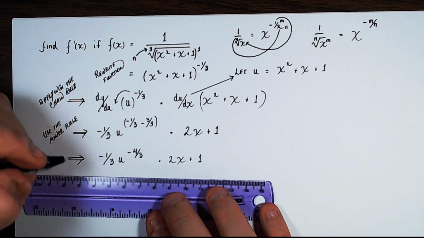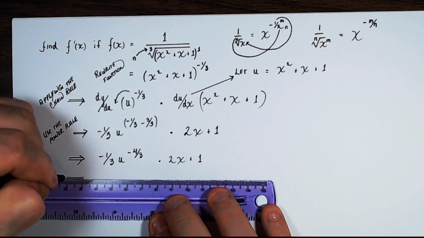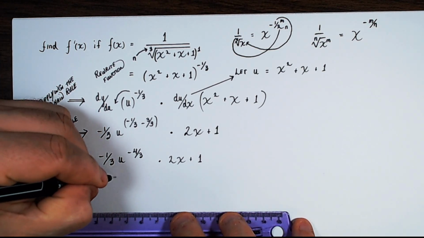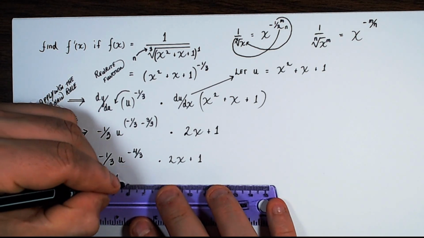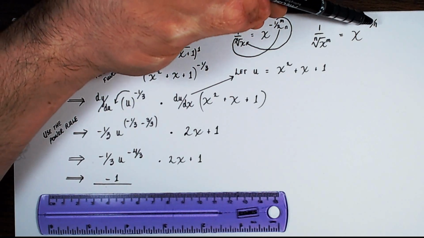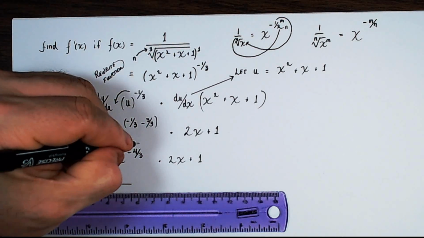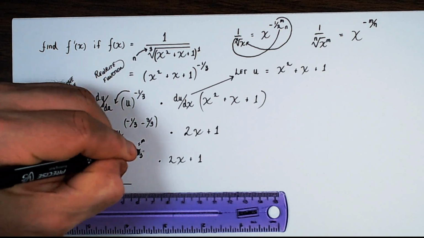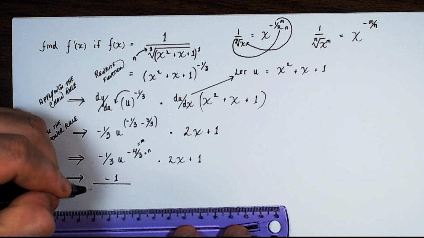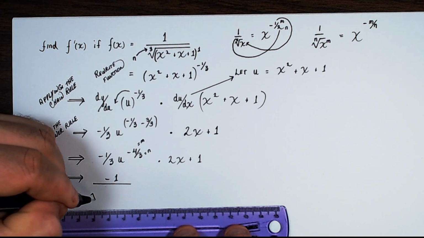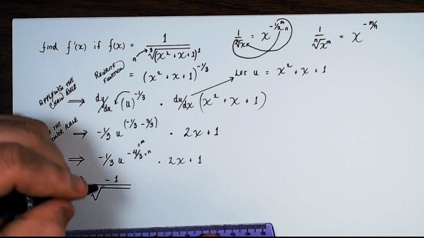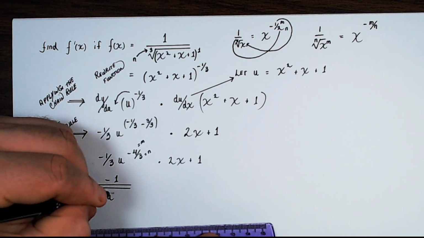Let's keep going. So this is equal to negative 1 over, now let's refer back up here. So what is my m and what is my n? This is my m and this is my n. So I'm going to have the cubed root of u to the 4th power.